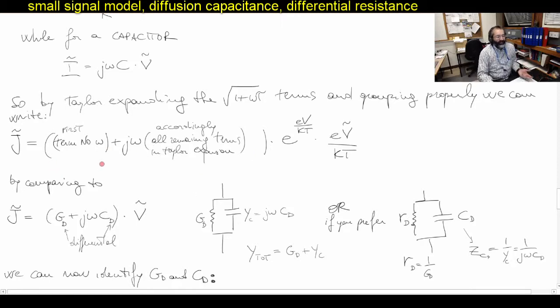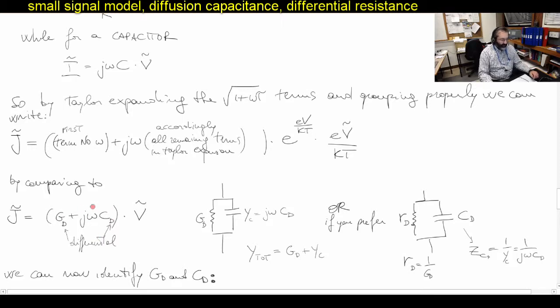This effectively reminds us exactly of what we just said. This really looks like J tilde equal to a conductance G plus a term coming from a capacitor. So this type of relation between J tilde and V tilde means a term that is a conductance plus the inverse of the impedance of a capacitor.